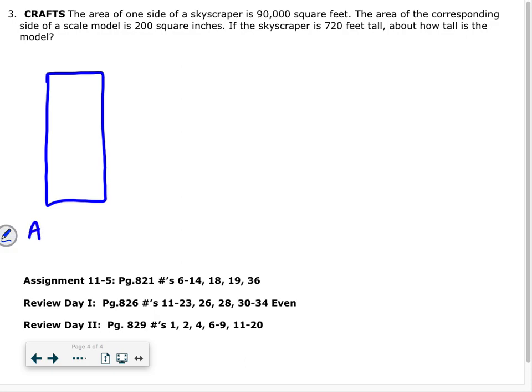The area they tell us is 90,000 feet squared. The area of the corresponding side of a scale model, so a much smaller one, when they were in the planning phases of it, is just 200 square inches.